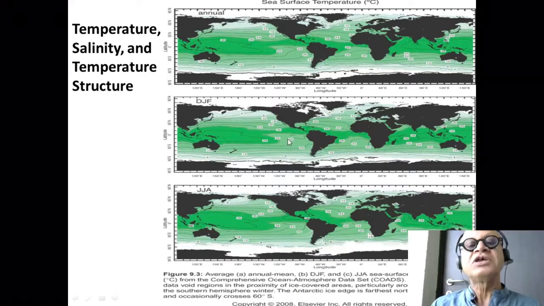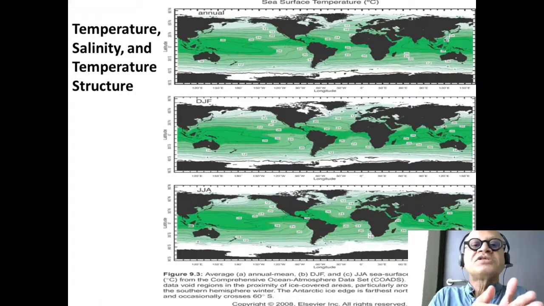Why does it get cold here? We will see that that is related to the trade winds that we have already looked at, and the Coriolis effect that we have already looked at. Remember, Coriolis pushes things to the right of the direction of motion in the northern hemisphere and to the left of the direction of motion in the southern hemisphere. So if northeast trade winds are pushing westward this way, and southeast trade winds are pushing westward this way, then water is being pushed to the right in the northern hemisphere and left in the southern hemisphere, which means water is diverging away from the equator.